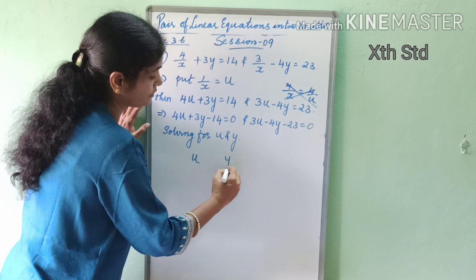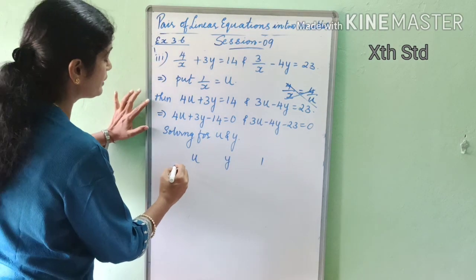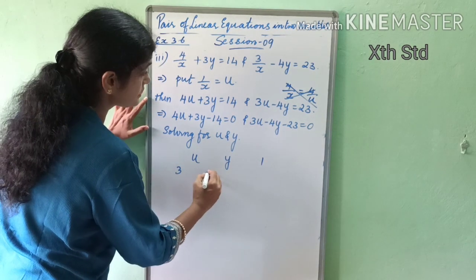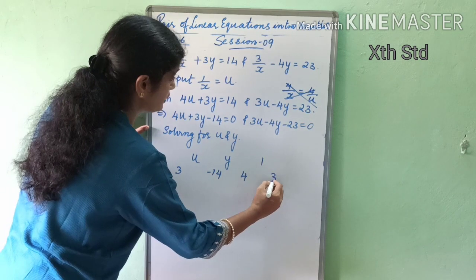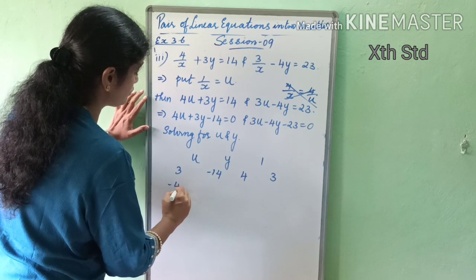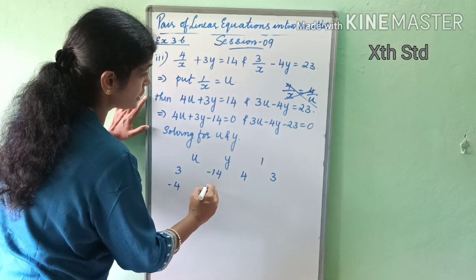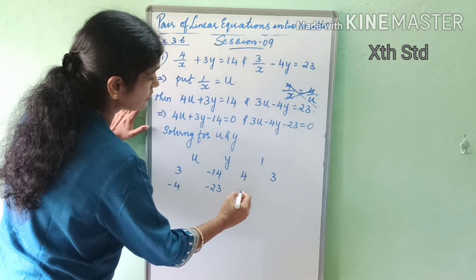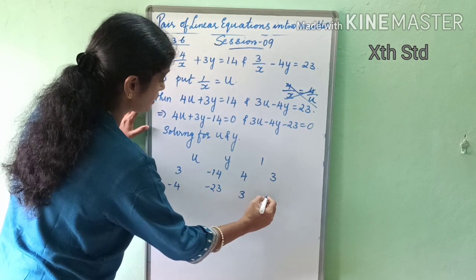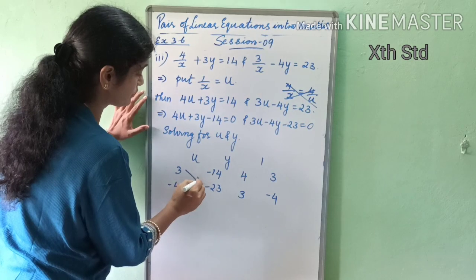u, y, 1; b1 is 3, c1 is minus 14, a1 is 4; then b2 is minus 4, then c2 is minus 23, then a2 is 3, this is minus 4. Then put these arrows.